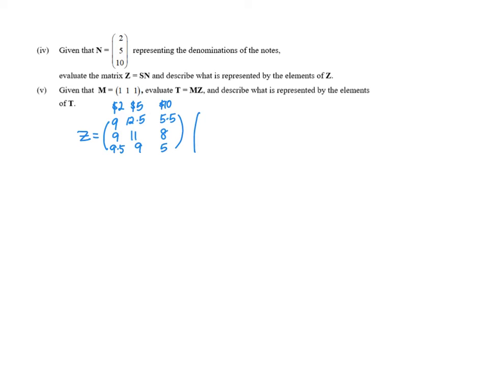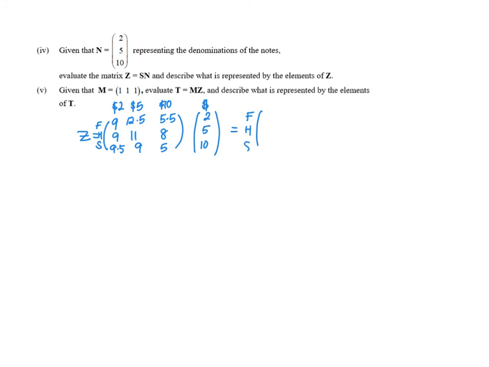So now I have the values representing $2, $5, and $10, and that actually represents the money. So for Francis, Helen, and Suraidi, we have to evaluate this and describe what it means by the elements. If I were to do a multiplication, I'll get a 3 by 1 matrix.